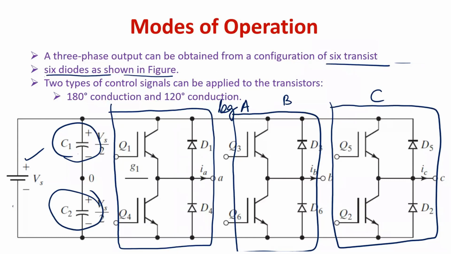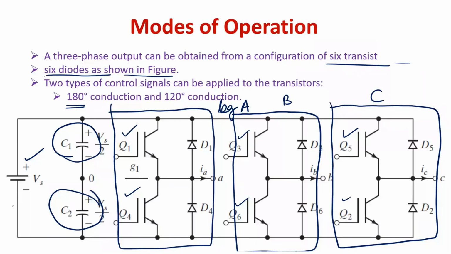Okay. So, the control signals are applied to these transistors Q1, Q4, Q3, Q6, Q5 and Q2 in such a way that each transistor can either conduct for a period of 180 degrees in angular displacement or sometimes each transistor is allowed to conduct only for a duration of 120 degrees.